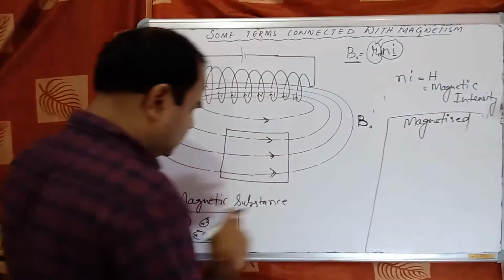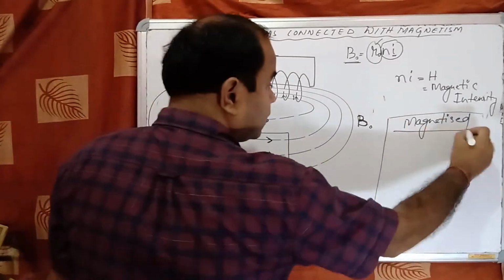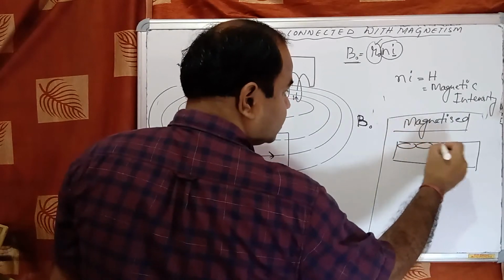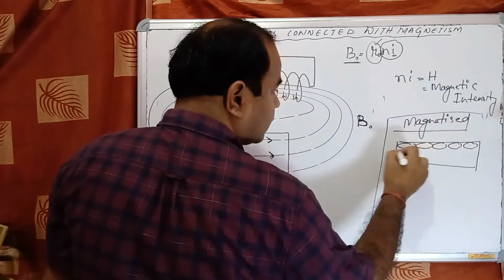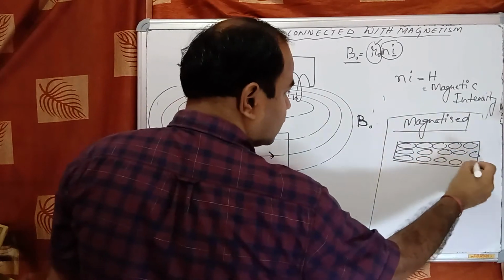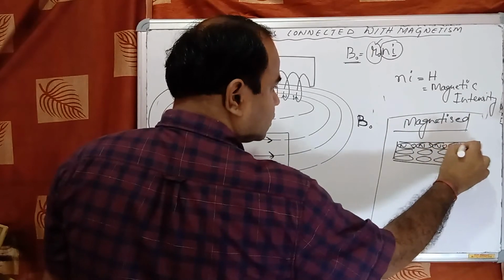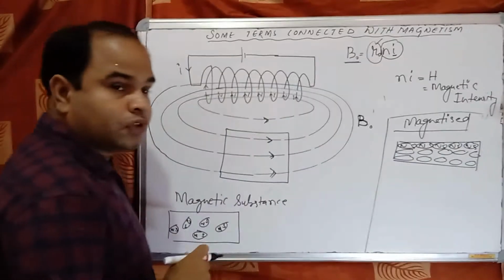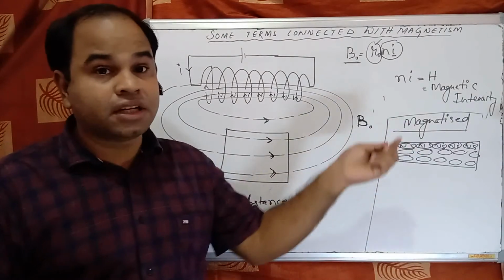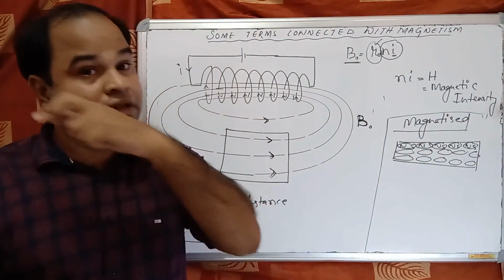Magnetized means these dipoles are aligned in the same direction, north south like this. So this magnetic substance is magnetized. Magnetized means these dipoles are aligned in a particular direction.